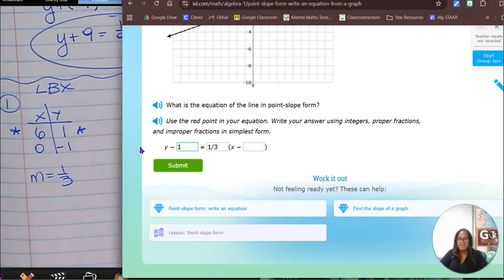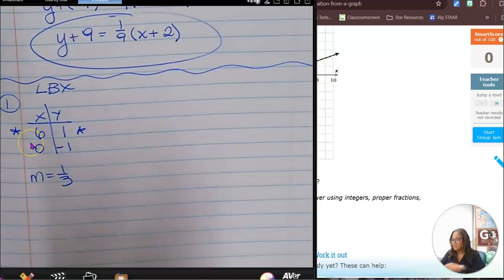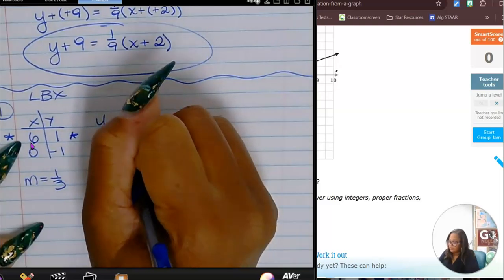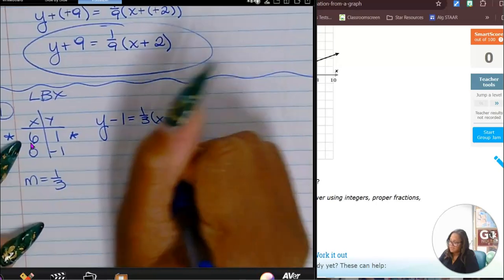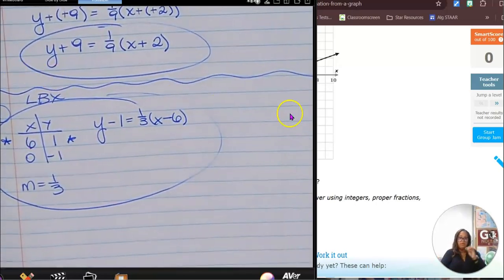And my x value is 6. Let me make sure I rise 1 and then run 3. 1, 2, 3. Rise 1, 1, 2, 3. All right, 1/3 works. And then I need to write the equation as well. Y minus 1 equals 1/3 x minus 6. You have to have all of this to show your work in order to get credit for it.